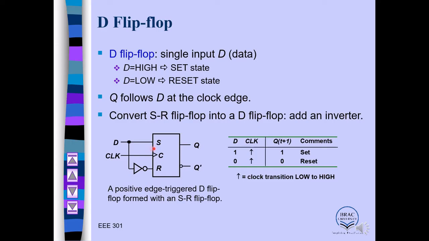Obviously this is the positive edge of the clock, so this D flip-flop will work as positive edge. At the clock edge, when your data is 1, Q(t+1) is 1, and when data is 0, Q(t+1) is 0. That means whatever value you have as input, you get as output. So 1 means set, 0 means reset.